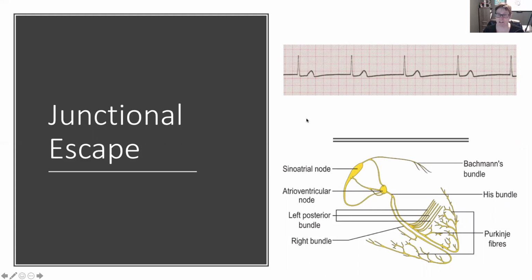Now that AV node can take over when the SA node completely fails, or when the SA node is so slow that the AV node is not getting stimulation. This serves as a protective mechanism to prevent ventricular standstill, which is also known as asystole, which is also known as death.